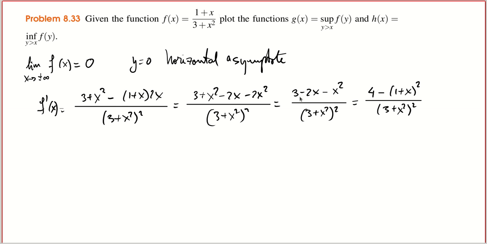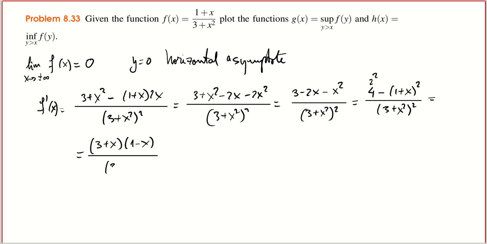Minus 1 plus 4 is 3. So we can write this like this, which allows us to factorize this in a very simple way, because this is 2 squared. So what we have here is the difference of 2 squares, which is the sum times the difference. The sum is 3 plus x. The difference is 1 minus x.